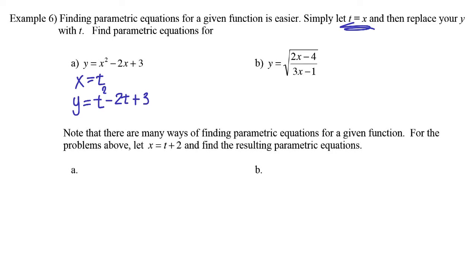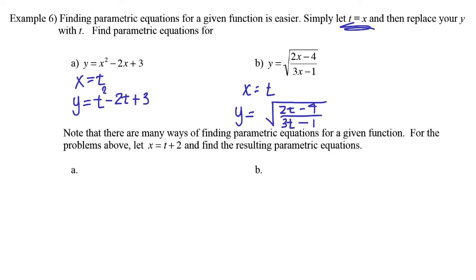And again, over here for part B, you're going to let x equal t. And so that just means that your y equation is square root 2 times t minus 4 over 3 times t minus 1.